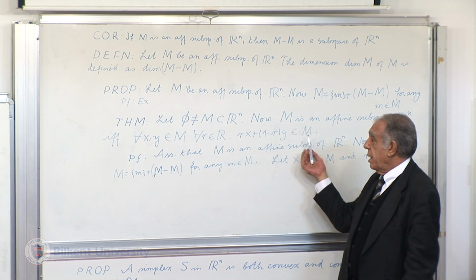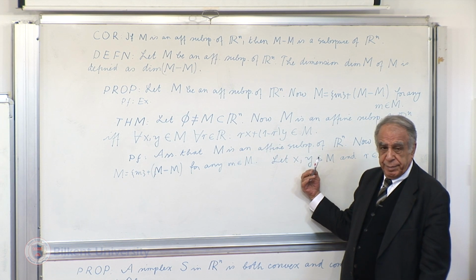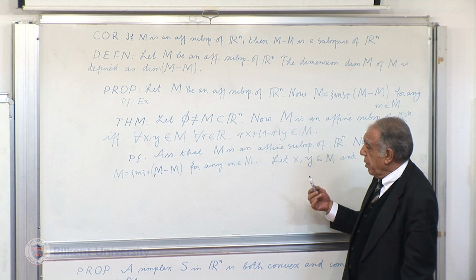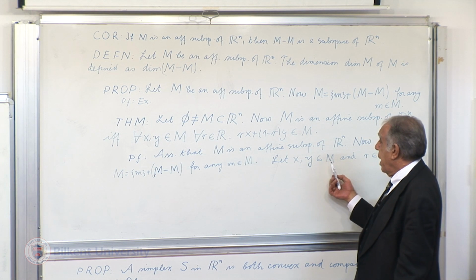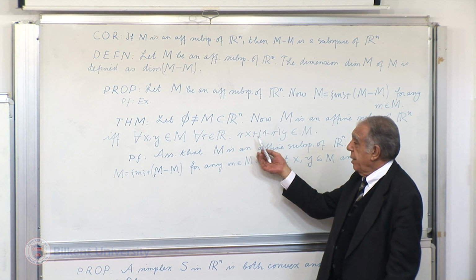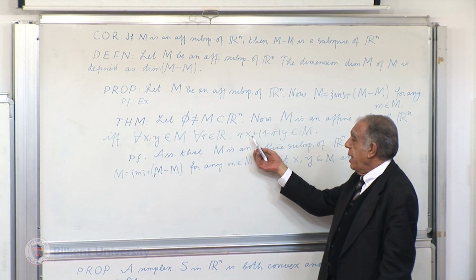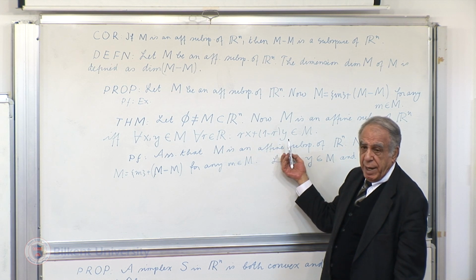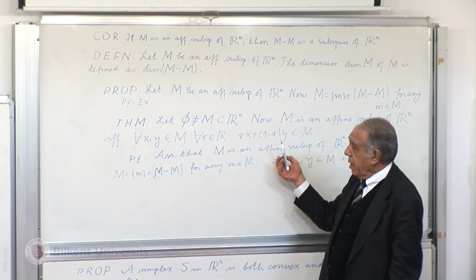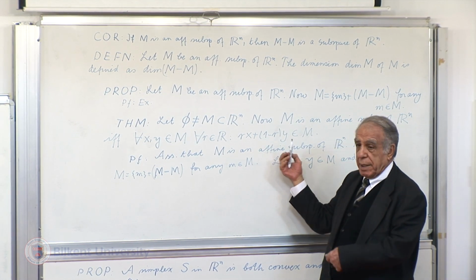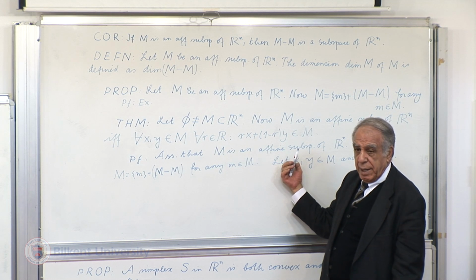We wish to show that this holds. But now when x and y are in M, here, look, this is rx minus ry plus y. So it's r times x minus y plus y.